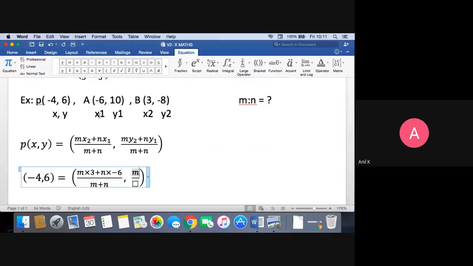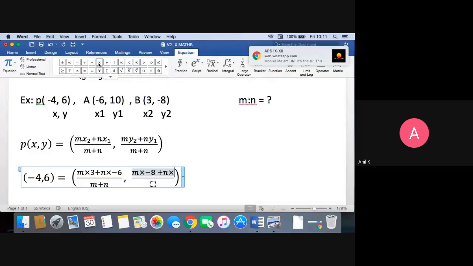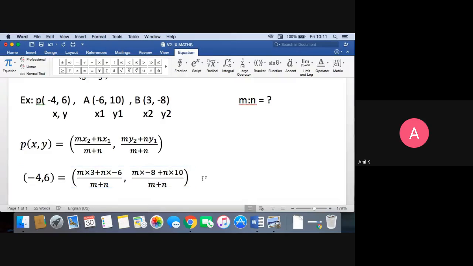So m will remain as it is. Y2 value is -8, plus n into y1 value, which is 10, upon m plus n. So I substituted the values.